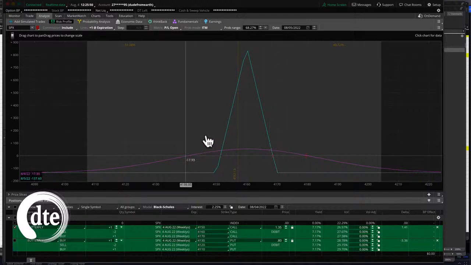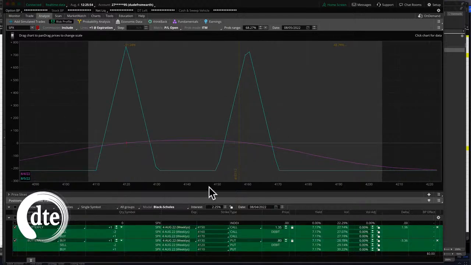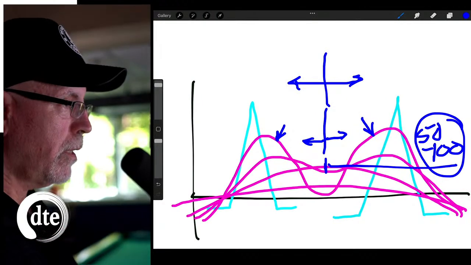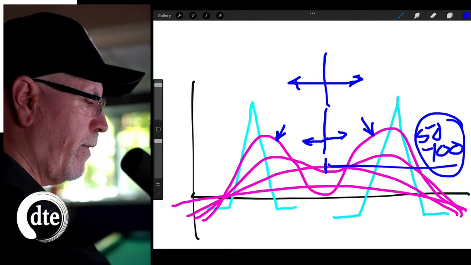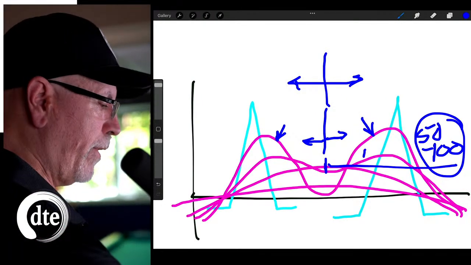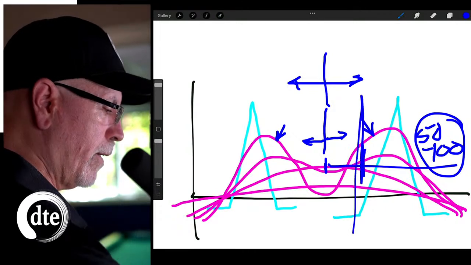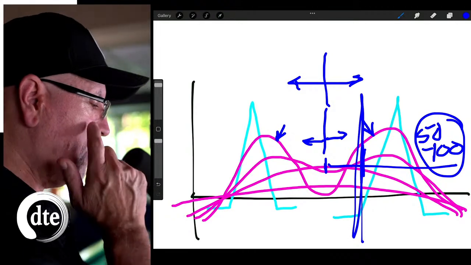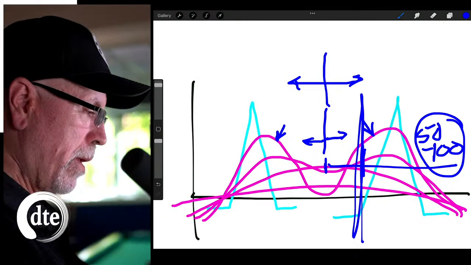It could also be that, here's a good example. If I go back to this, I could be sitting right here, and maybe it's noontime.